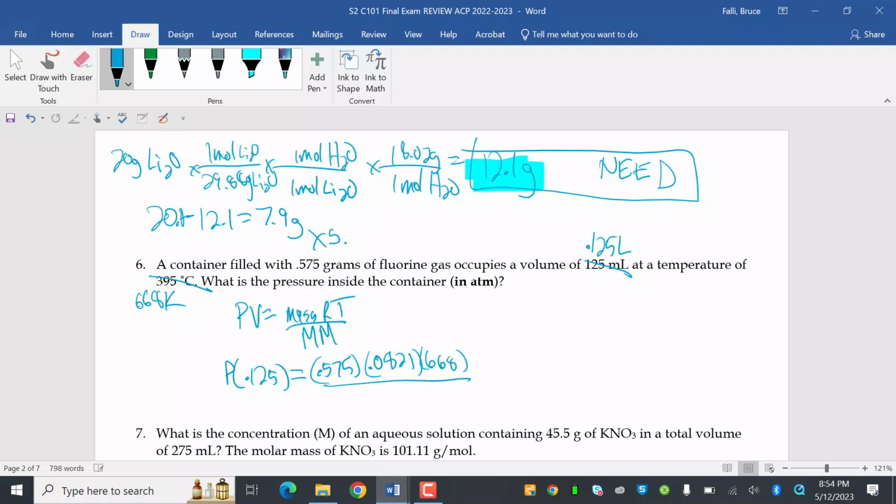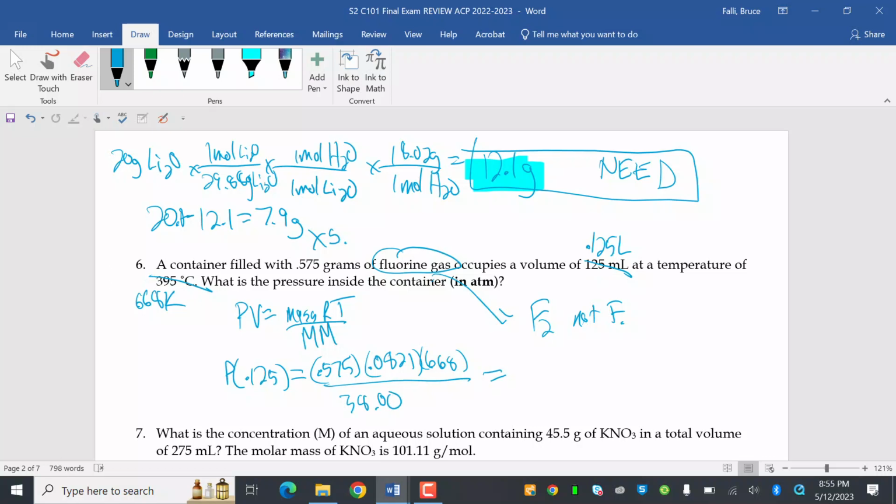And molar mass, that's fluorine gas. Oh, I'm going to trick you. Fluorine is F2, not F. So I go to the periodic table, and that is 19.00 times 2, which is 38.00.